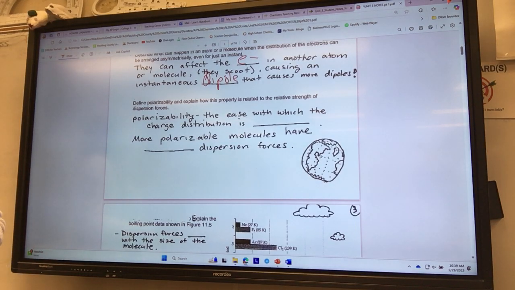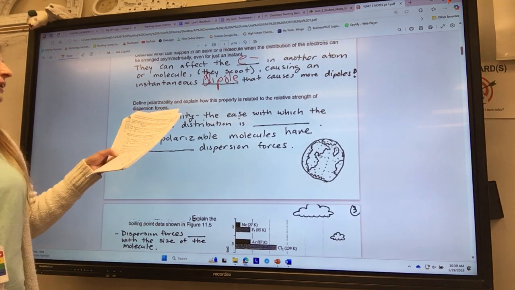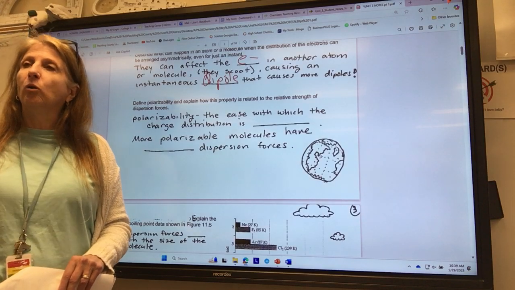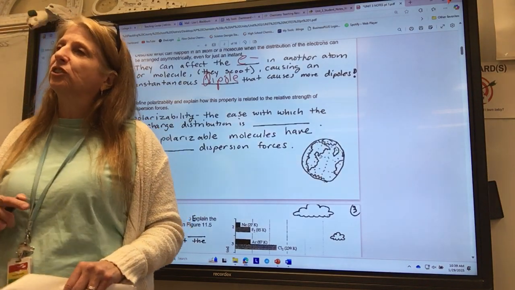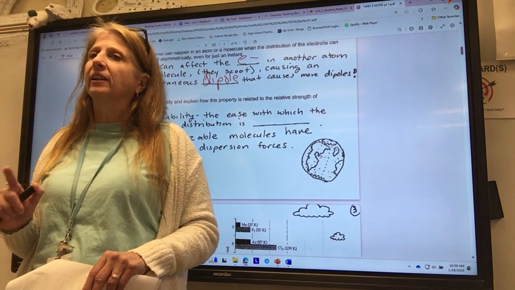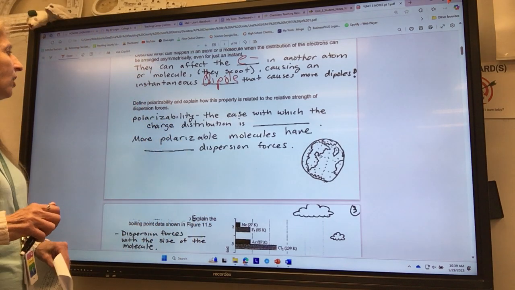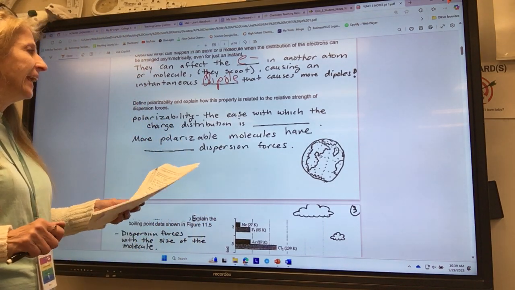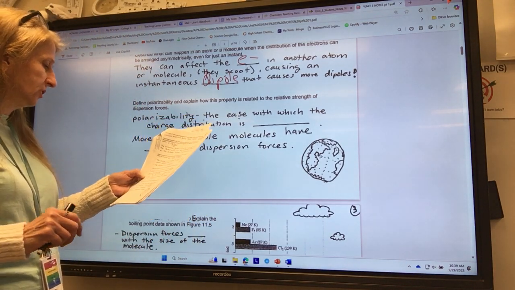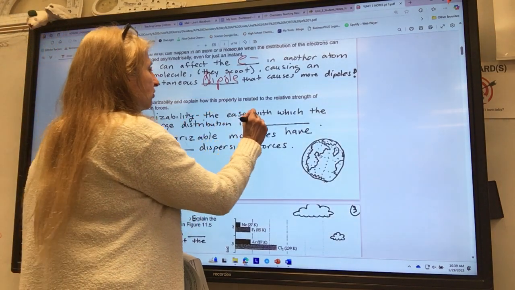Okay, define polarizability. You have to emphasize that, I think. Polarizability. And explain how this property is related to the relative strength of the dispersion forces. Polarizability. Does it become polar easily? Does it scoot easily or not? Everything doesn't scoot equally, okay? So polarizability, the ease at which the charge distribution is distorted.